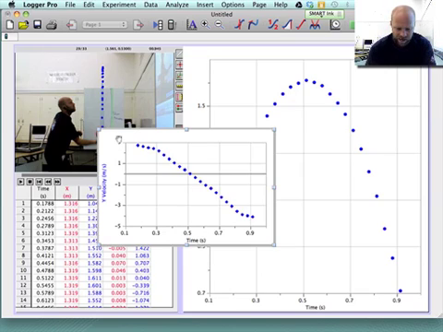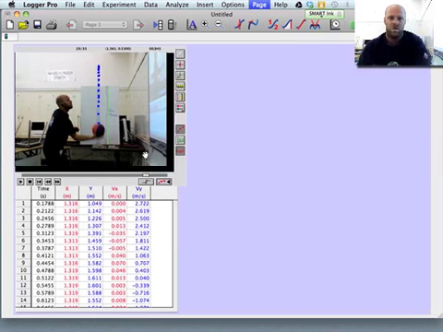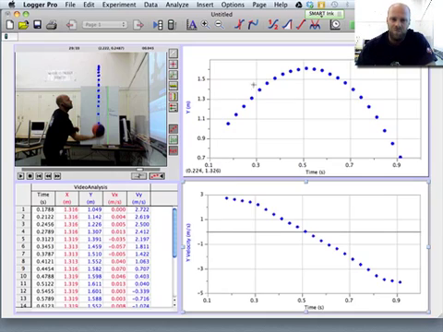I'll choose Apply, and hopefully this makes sense that you got this beautiful parabolic curve for position time and a linear pattern for velocity time in the y direction.